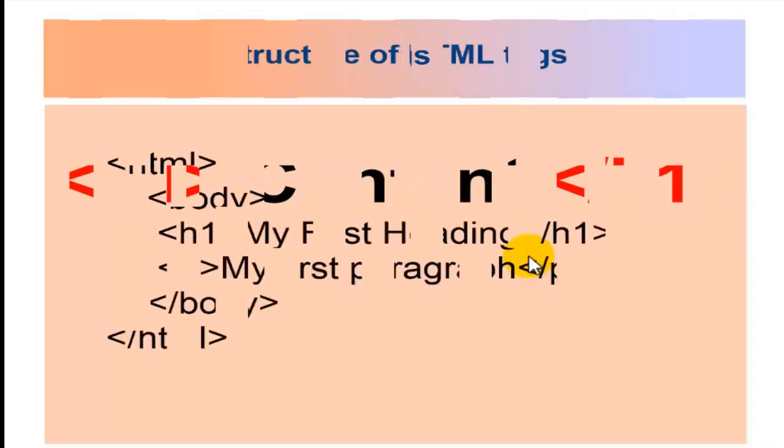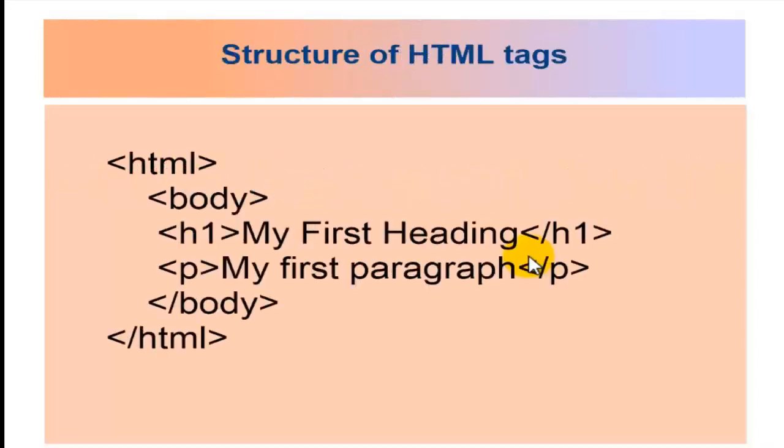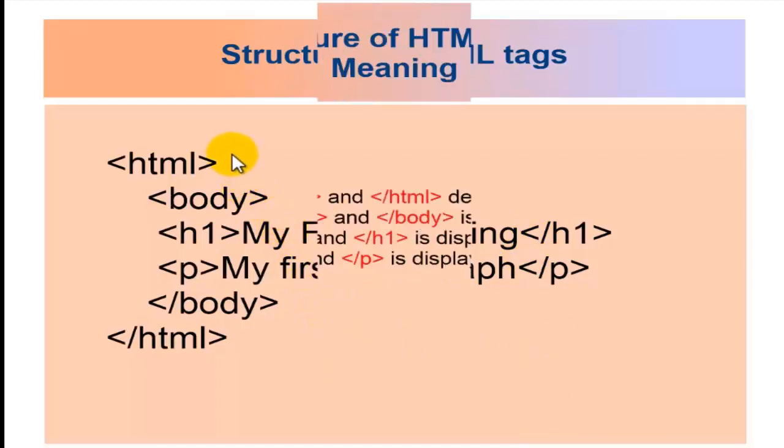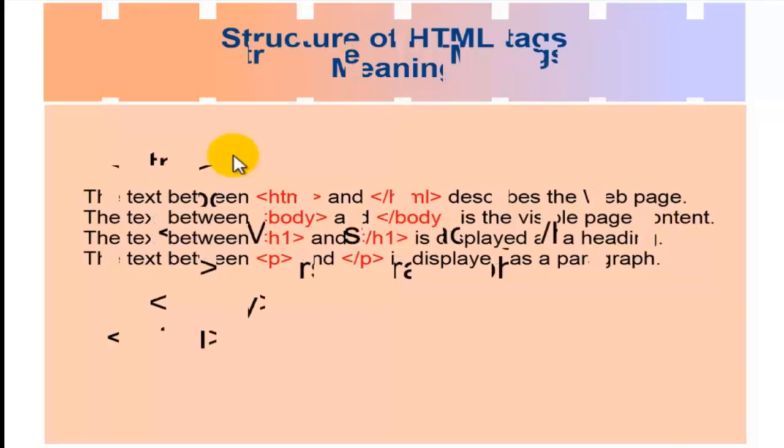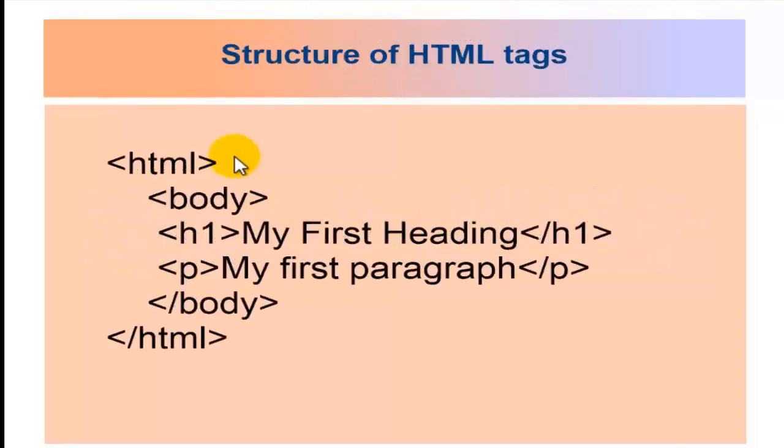So the structure of HTML is very important. You have to learn the structure of HTML first. To make a good structure, you just need to first make an html tag and then close the html. Then a body tag, an opening body tag, and then a closing body tag.